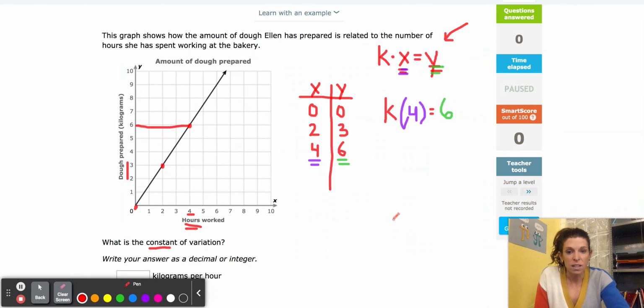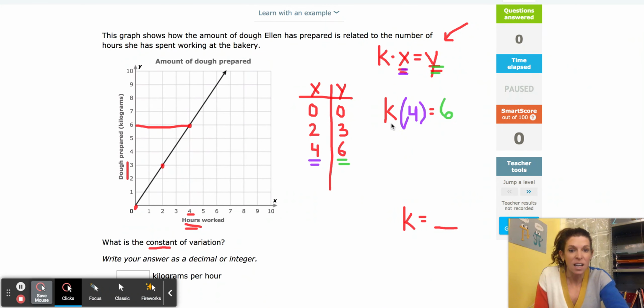And the goal is to get K by itself. We want it to look like this: K equals some number. We don't have that yet because we have K times 4. So to get rid of the K times 4, we have to do the opposite operation.